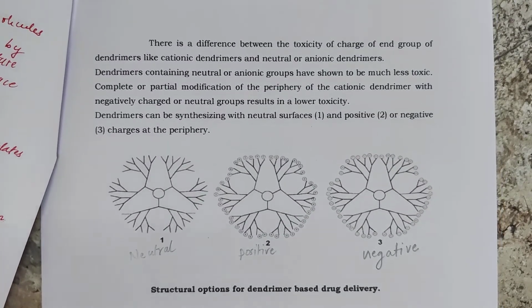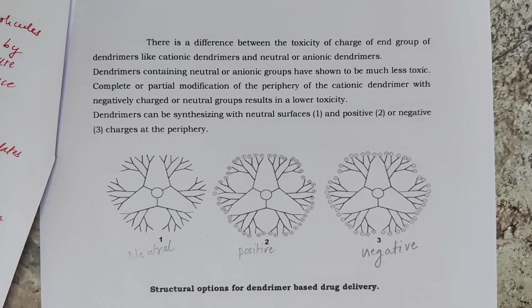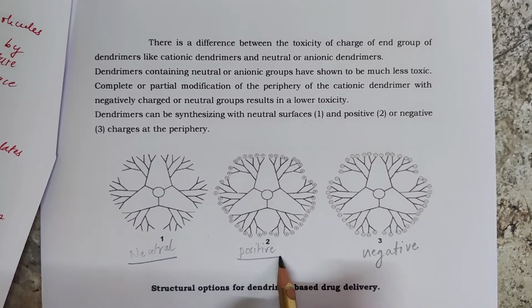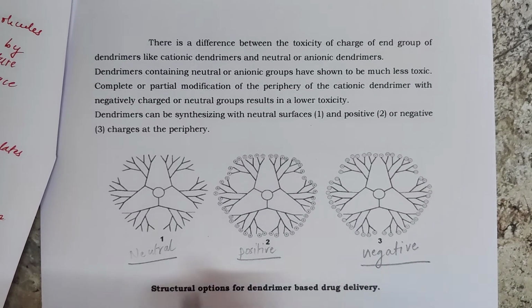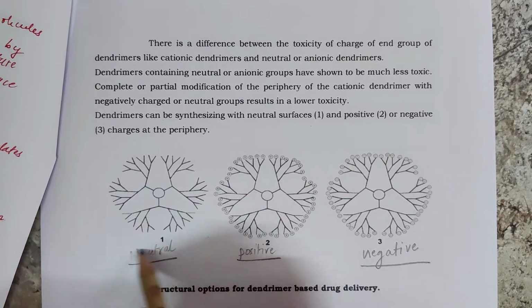Now, when the scientists studied the dendrimers, they found that they can synthesize neutral dendrimers, positively charged dendrimers, or negatively charged dendrimers, depending upon the end groups and functional groups.